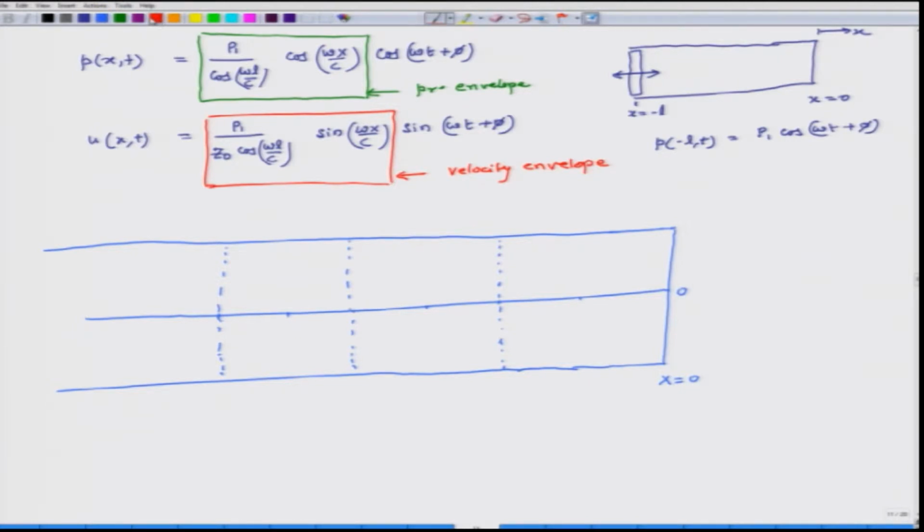So, first we will draw the velocity envelope. So, velocity envelope is 0 at this location, and when omega x over c becomes 90 degrees or minus 90 degrees, it becomes maximum. So, it maximizes at these locations.